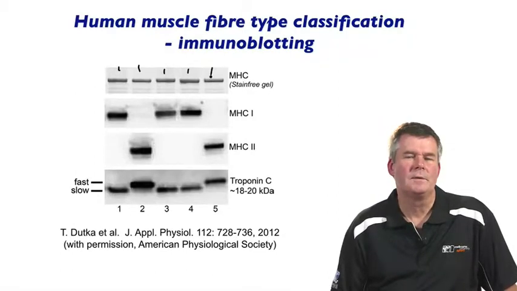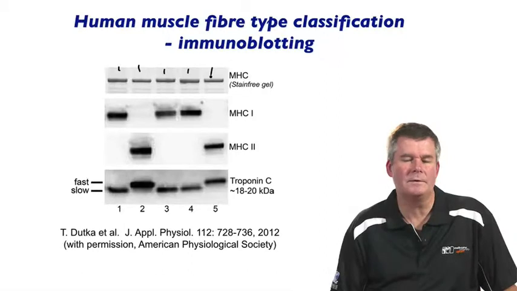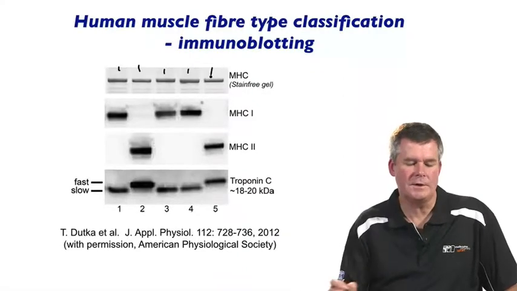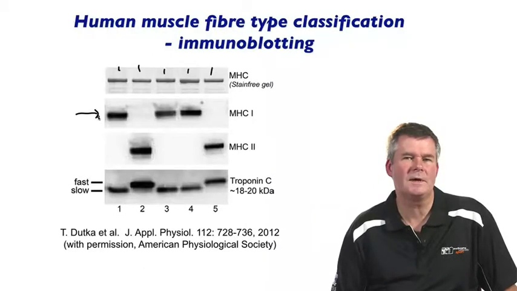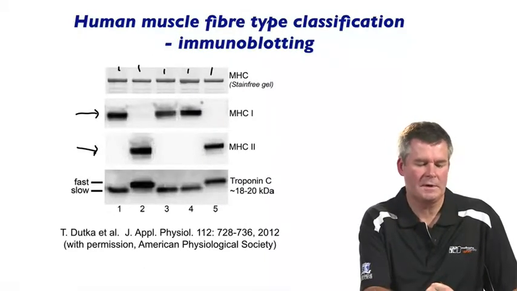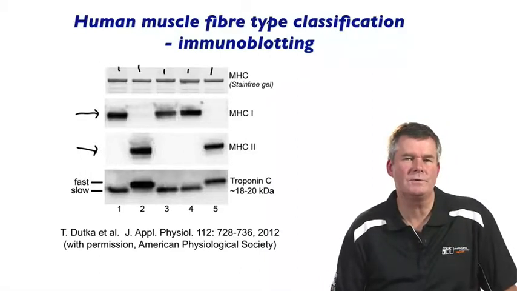They're then blotted with antibodies to either the type 1 myosin heavy chain or the type 2 myosin heavy chain. And you can see these 3 fibres have the type 1 myosin heavy chain, so they're type 1 fibres, and these 2 fibres have the myosin heavy chain 2 protein, and they're type 2 or fast twitch fibres.